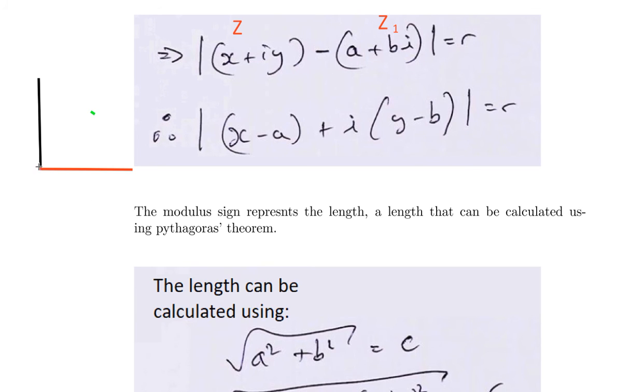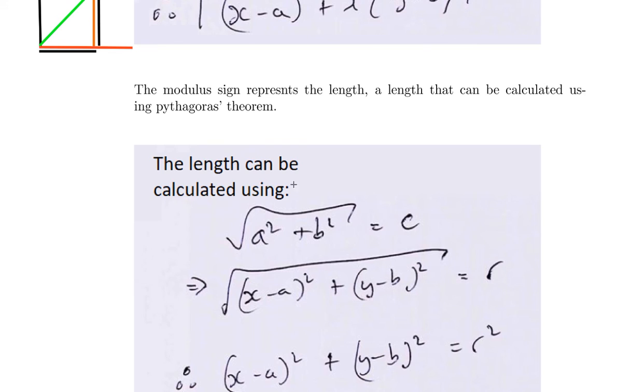If I were to ask what the length from the origin to that position is, we can very quickly conclude that you could work that out using Pythagoras' theorem: the real part, x minus a, would need to be squared, and the imaginary part, y minus b, will be squared also. Therefore, using Pythagoras' theorem, a squared plus b squared equals c squared, with the square root to get rid of the squared.